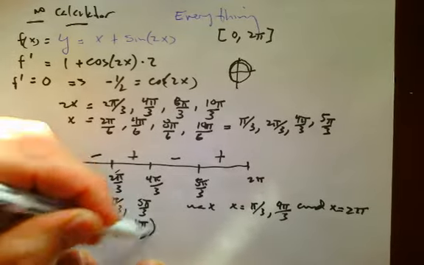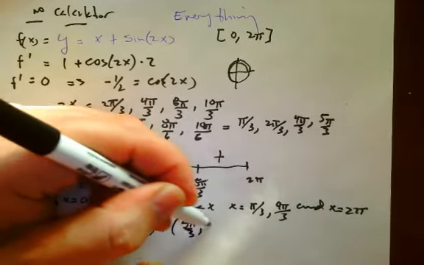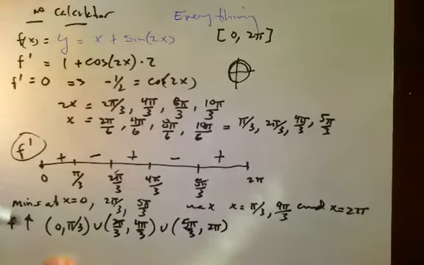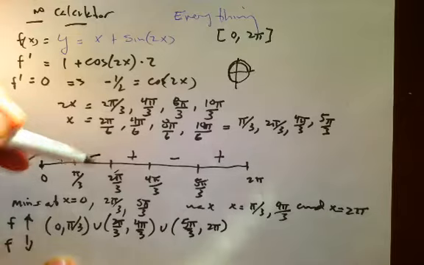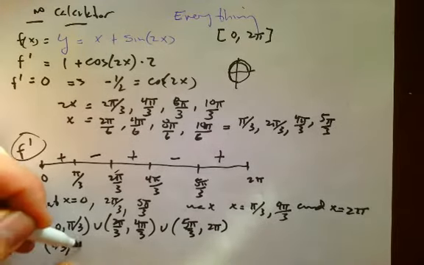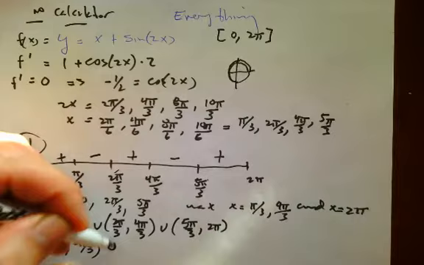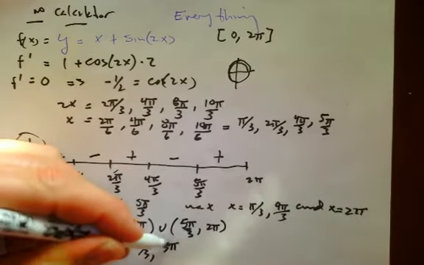We need to know when f is increasing. And f is increasing whenever f prime is positive, and that happens on 0 to pi over 3, union 2 pi over 3 to 4 pi over 3, union 5 pi over 3 to 2 pi. And when is f decreasing?